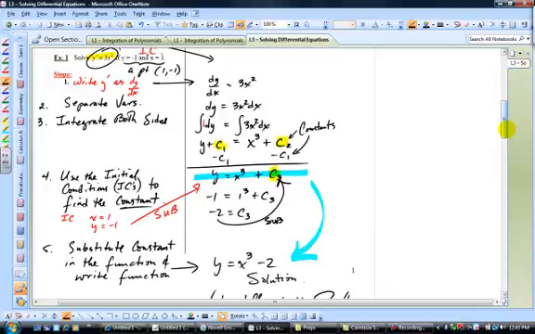Instead of separating variables, we're just going to take our equation here, y prime equals 3x squared, and I'm simply going to integrate immediately. So I'm going to integrate y prime dy, and I'm going to integrate 3x squared. Now it's with respect to x, so I'm going to put the dx there.